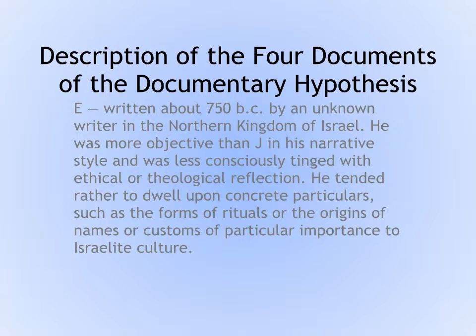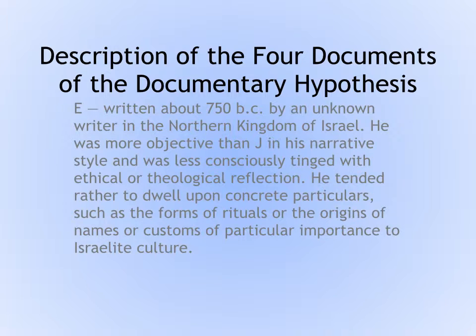But the E document was written about 750 BC or BCE by an unknown writer in the northern kingdom, supposedly more objective than J in his narrative style, less consciously tinged with ethical or theological reflections, so you don't see as much theology in these documents, supposedly.